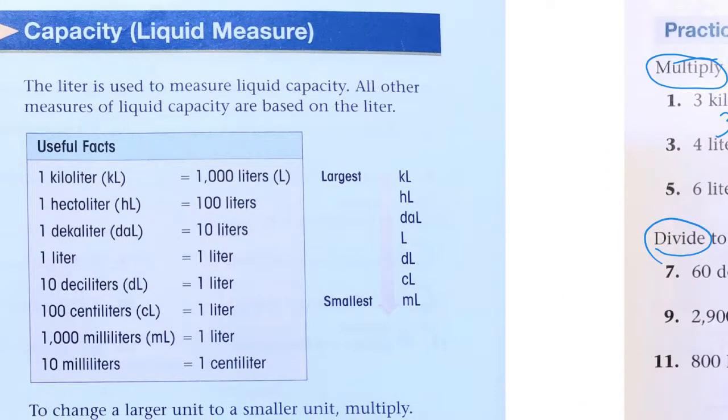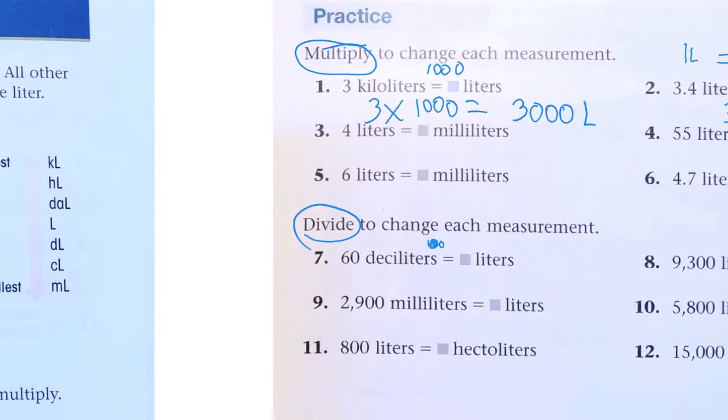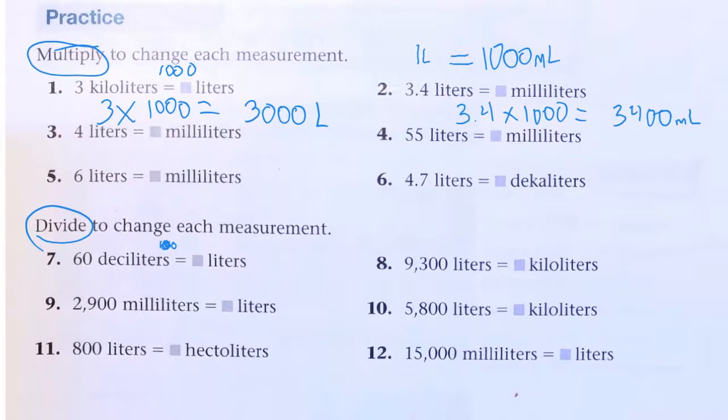Oh, actually, deciliters are 10. So we're changing by a factor of 10. It takes 10 deciliters to make 1 liter. So a good thing we checked. So we're taking 10 deciliters to make 1 liter.